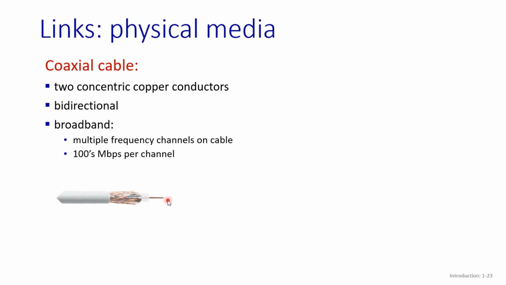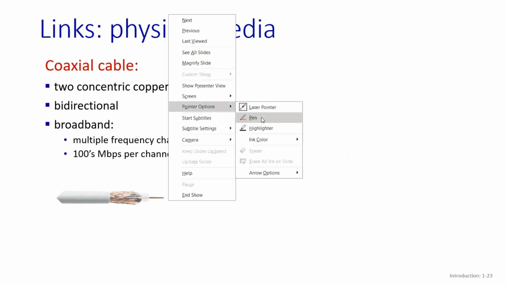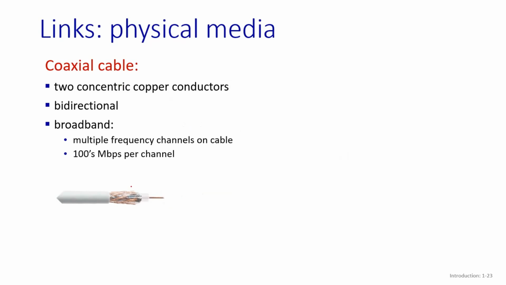Let me show you. This one is a copper conductor. This sheet that is present in front of you is a copper conductor, and this wire is a copper conductor as well. This is the main wire which carries the signal.